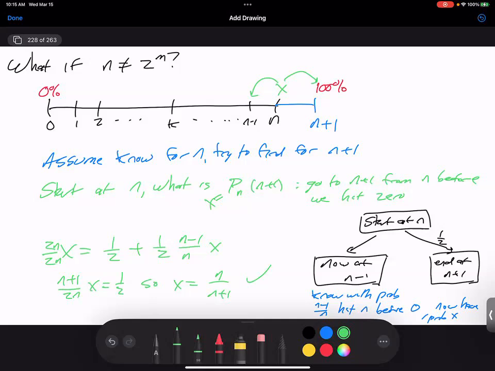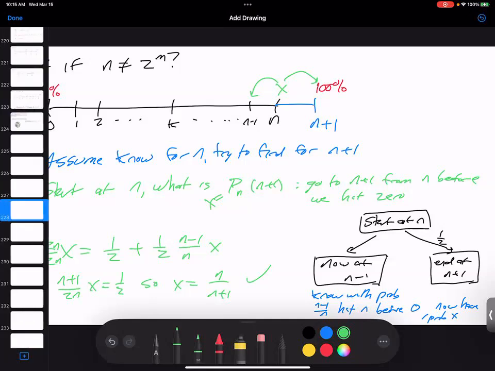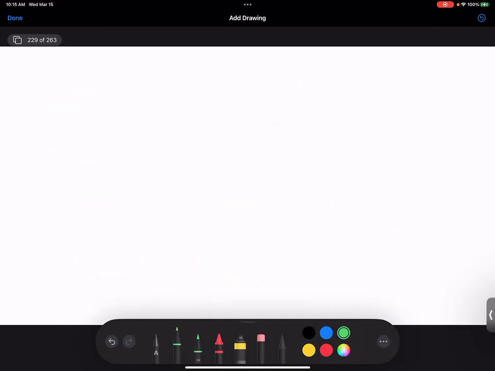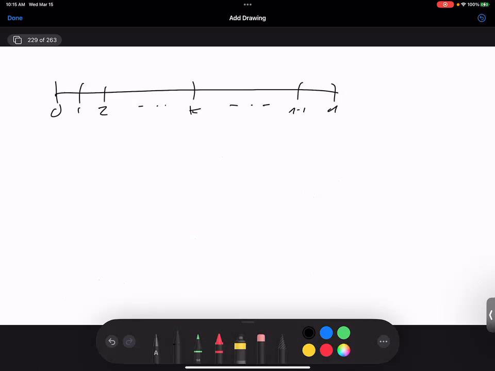So, right. So once we have this, now what we can do in general is, here is the picture. Here's 0, 1, 2, ... k ... n minus 1, n, and here's n plus 1. And we know this is 100%, this is 0%, this is n over n plus 1.